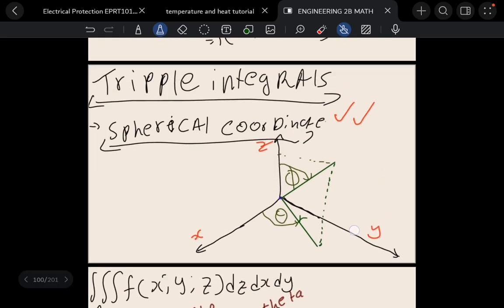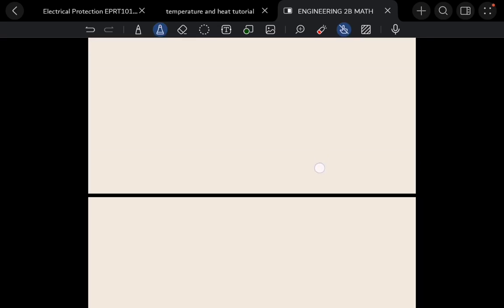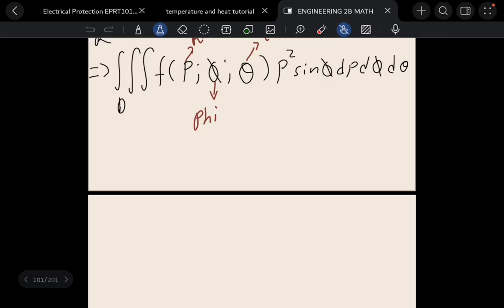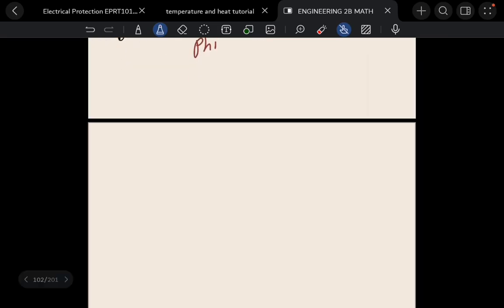Now, because we are talking about spherical coordinates, our region is actually bounded by a sphere somewhere. Do you understand that? Now, let us look at the equation of a sphere first.